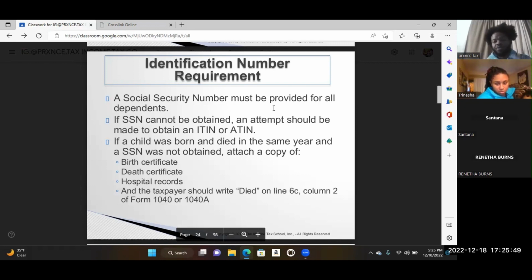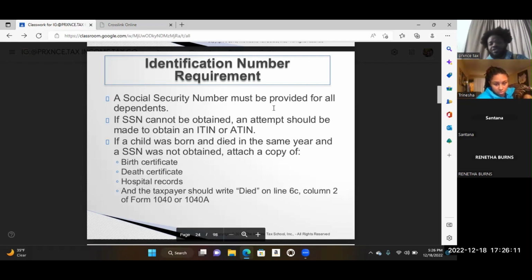Because when you're born in America, you receive a social security number. Say you're a foreigner, not an illegal immigrant or anything like that, but a foreigner, then you would obtain an ITIN so that you can file taxes, but you wouldn't receive credits such as the earned income credit, and I'm gonna discuss that in a few.